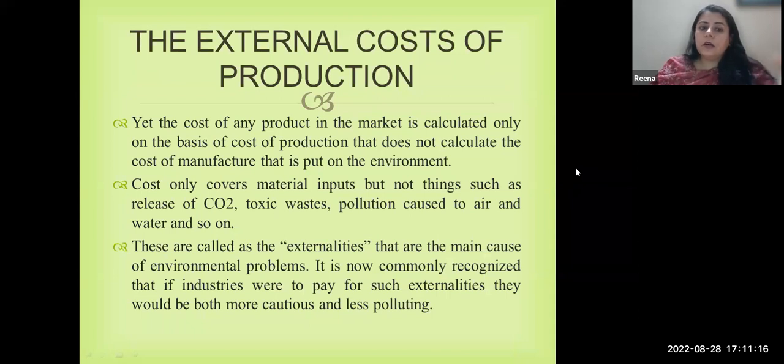Cost only covers material inputs, but not things such as release of CO2, toxic waste, and pollution cost to air and water. These are all called externalities, which are not tangible and not really calculated. They can be calculated, but the calculation is so complex and involves so much primary and secondary data from the ground that it becomes almost an impossible task.